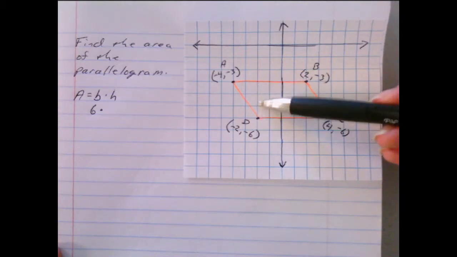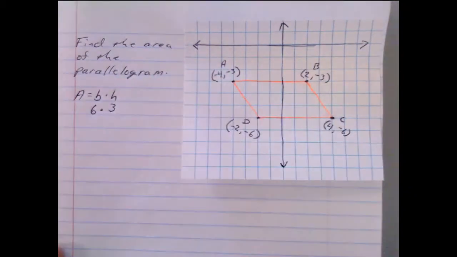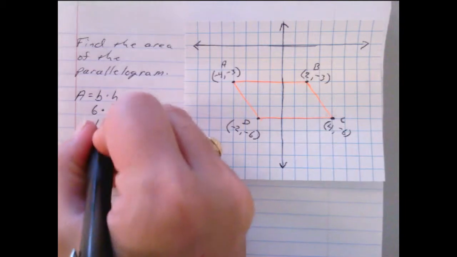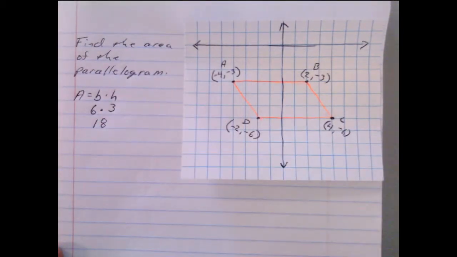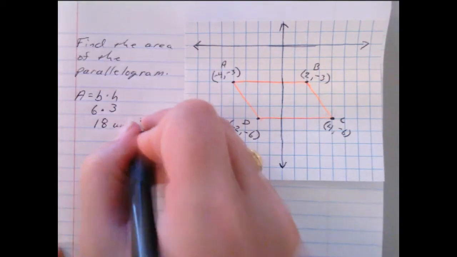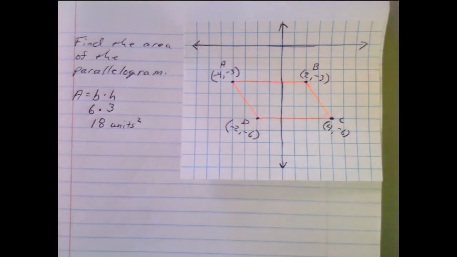So I have 1, 2, 3 units there for my height. So then when I multiply those, I'm going to get 18. And since I don't have a label here, if this is inches, feet, miles, yards, I'm just going to put units squared.